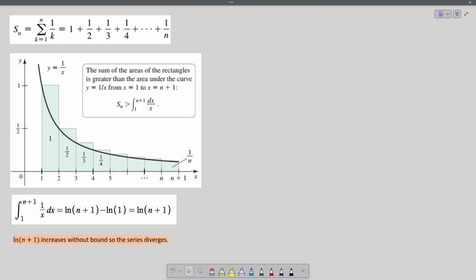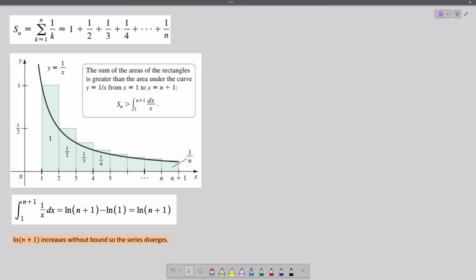Everyone okay with that? So the first rectangle is between 1 and 2, the second rectangle is between 2 and 3, the nth rectangle is between n and n plus 1. So the left endpoints are counting up to n, but then we need the right endpoints to finish off all the rectangles. So there are n rectangles there.